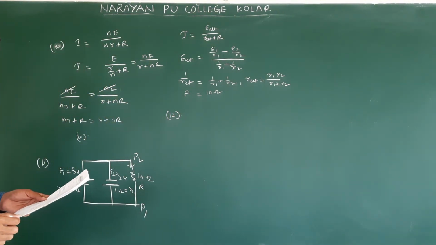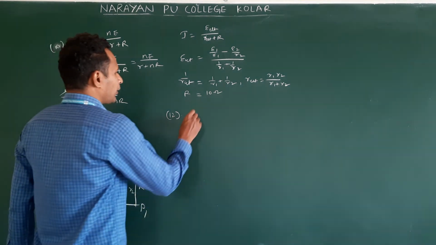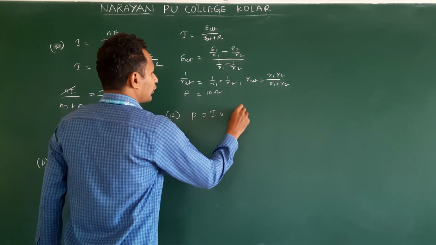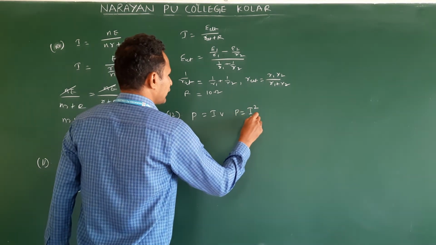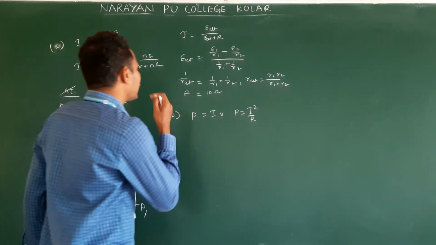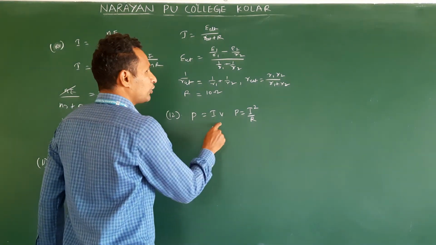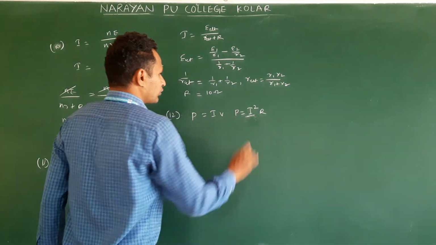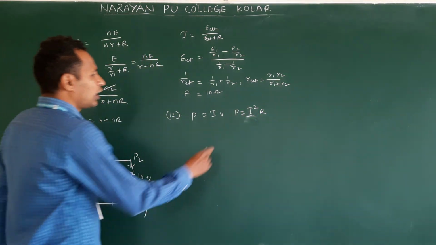In the given circuit, the power generated in the 1 ohm resistance will be maximum for x equal to what? What is the power formula? Power is equal to I into V, or power is equal to I square R, if you use V equal to IR. Clear? Then how do you write it?